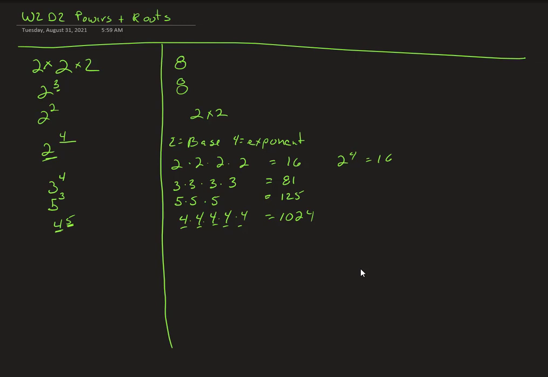When we are raising an approximate number to a power, we've got to round our answer to the number of significant digits in the base. Make sure you're not doing it with the exponent. For instance, 1.65, there's the base, squared, there's our exponent, is going to end up being 2.72.